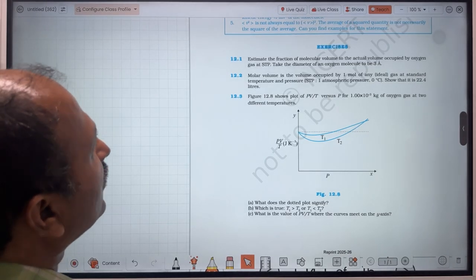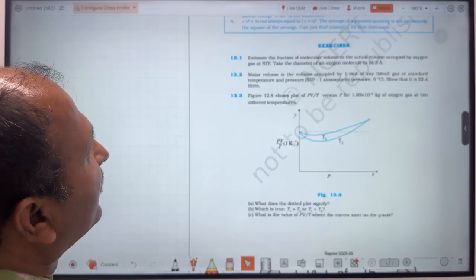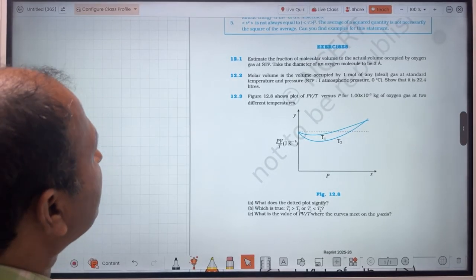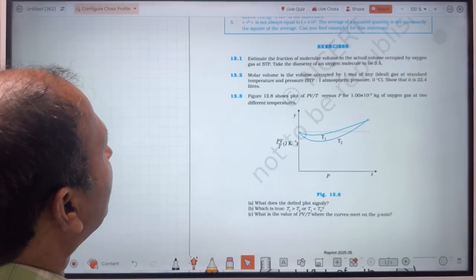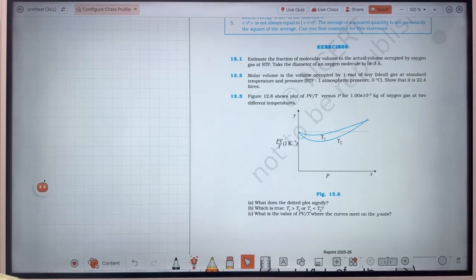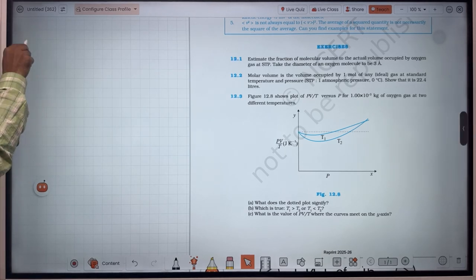Molar volume is the volume occupied by 1 mole of any gas at standard temperature and pressure. Show that it is 22.4 liters. So let's evaluate it. Standard temperature and pressure means what?